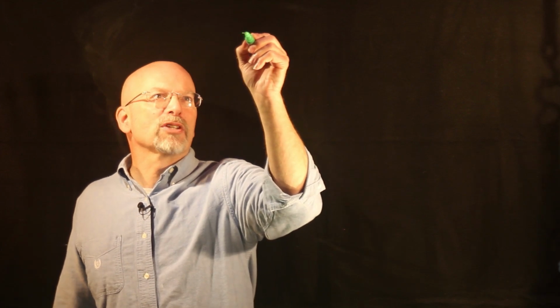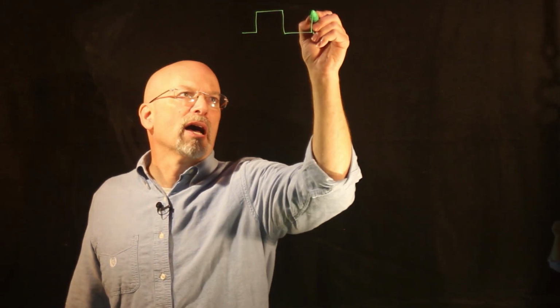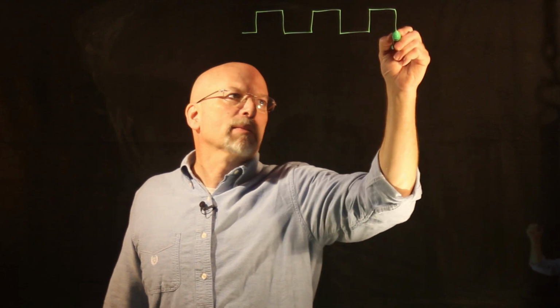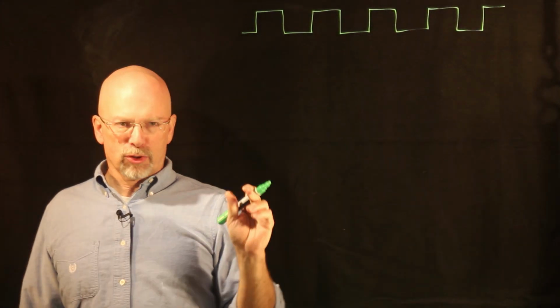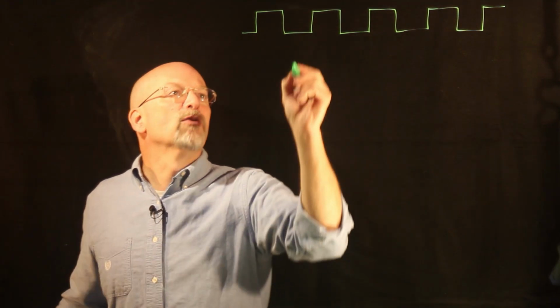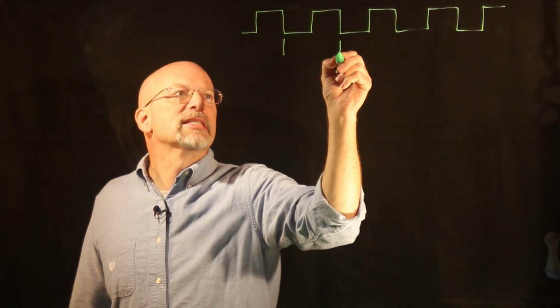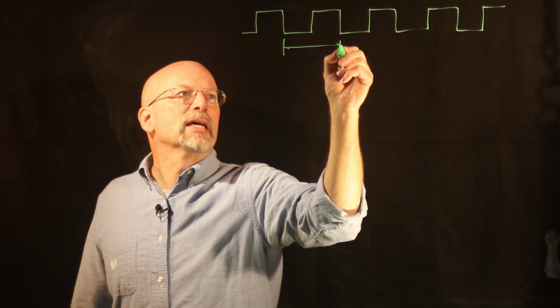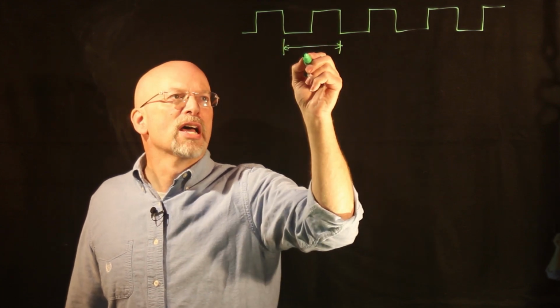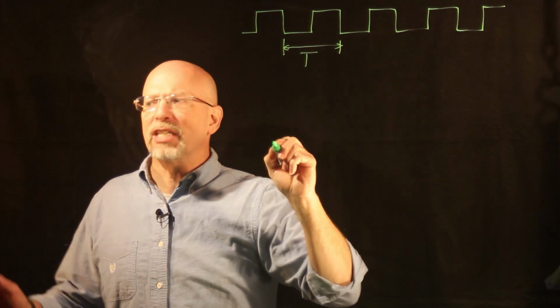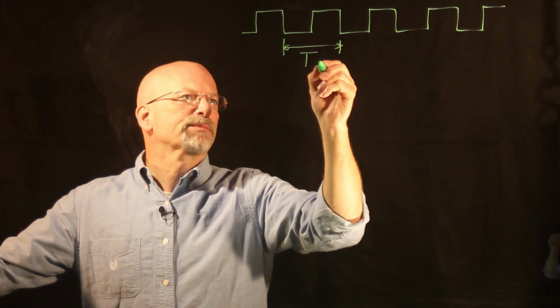And they're blinking with that thing that we talked about last time, a periodic pulse train. If you look at this periodic pulse train, remember, we've got the time between consecutive falling edges or consecutive rising edges, which we referred to as T for a period.